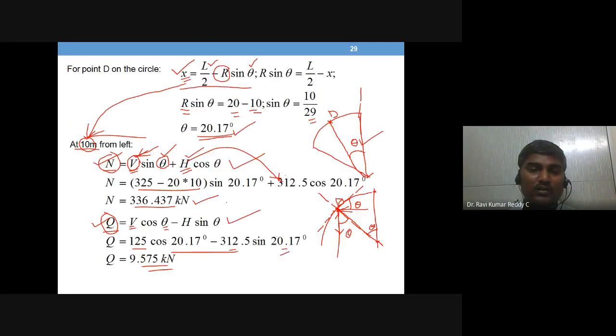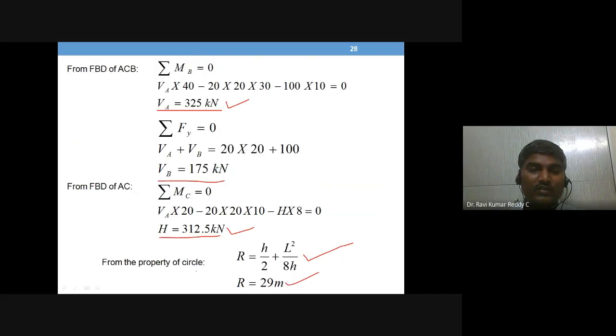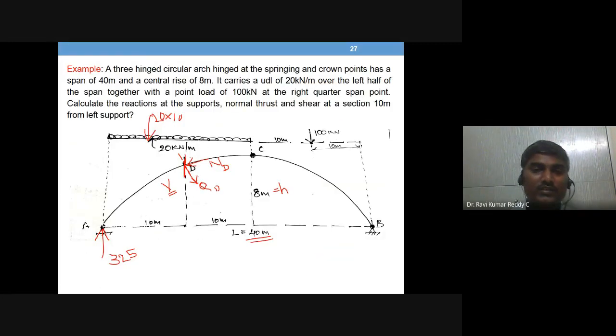So at point D, ND and QD values are 336.437 kilonewtons and 9.575 kilonewtons. Okay, so this is the complete solution for this problem.